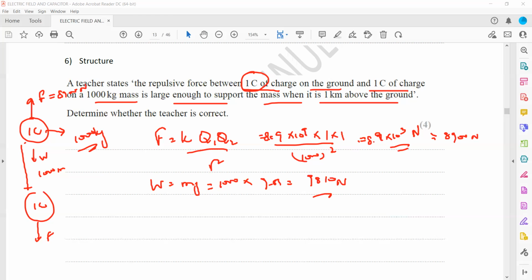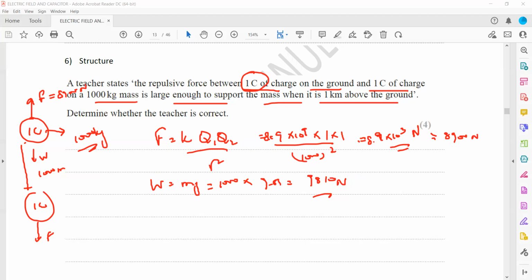So here the weight is 9810, which is more than the repulsive force. So this cannot support. At a distance of 1 kilometer, it cannot support. It may support at a distance less than 1 kilometer, but not at this distance.